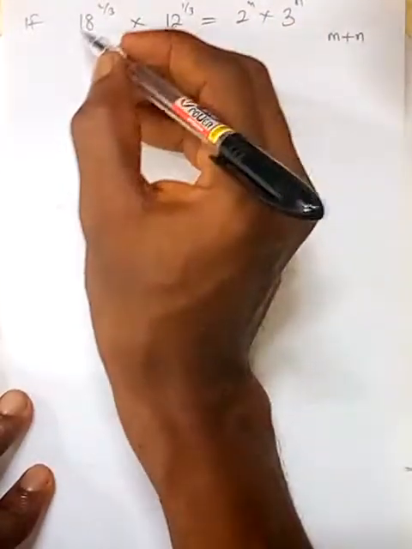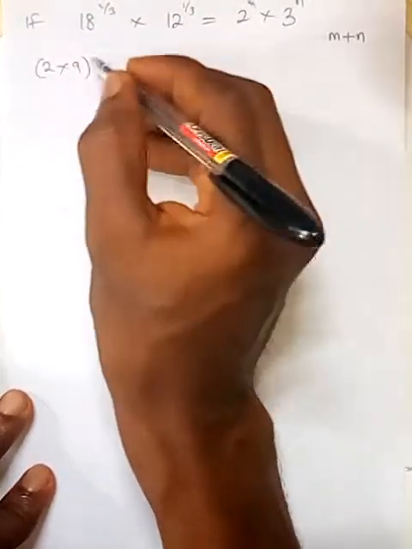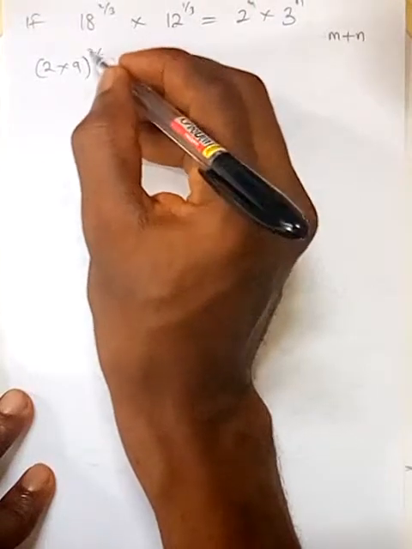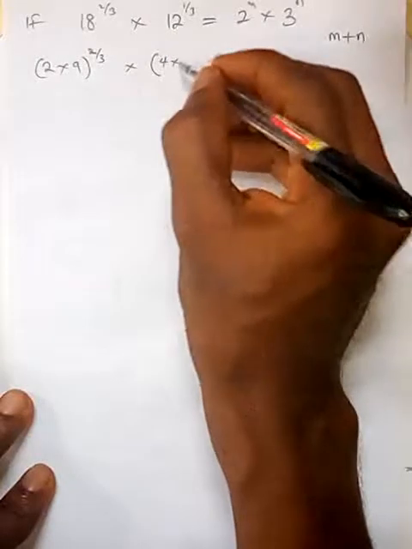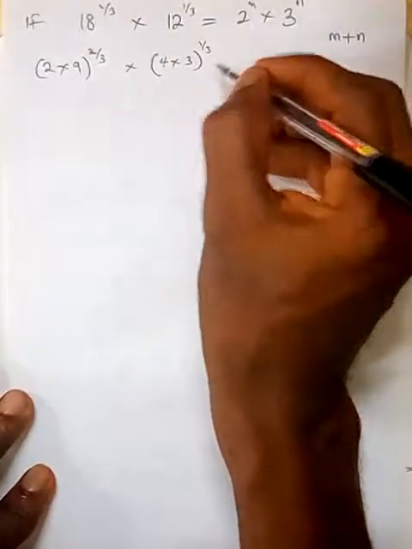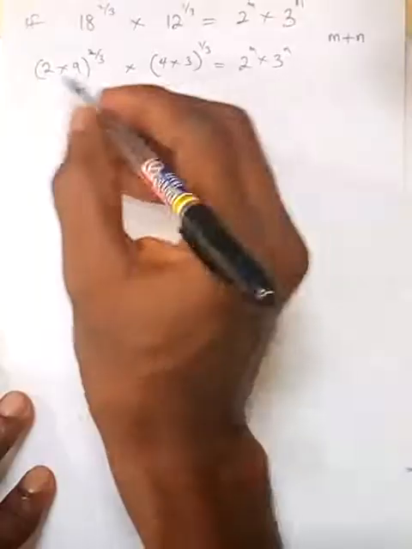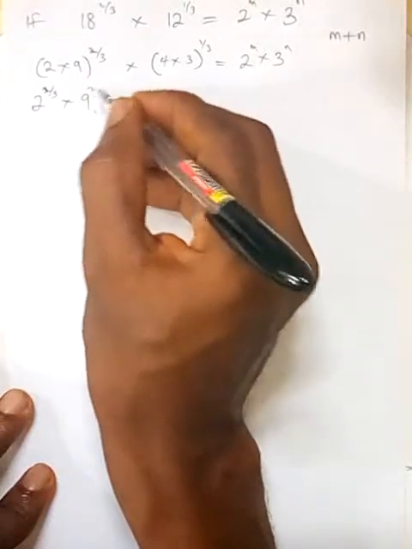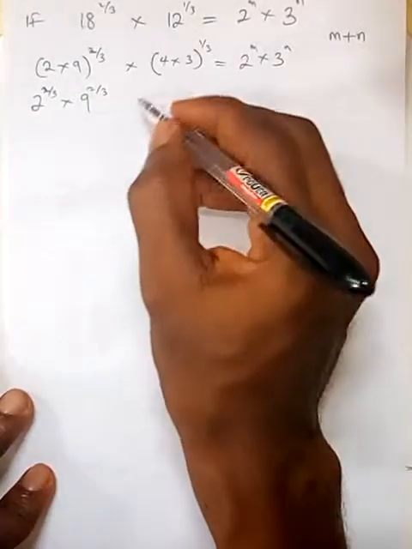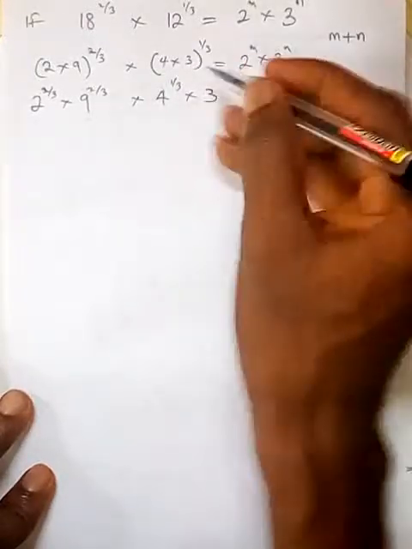So inside 18 you have 2 times 9, which is 18, raised to power 2 over 3. Inside 12 you have 4 times 3 raised to power 1 over 3 is equal to, of course, this. So this is 2 raised to power 2 over 3 times 9 raised to power 2 over 3, okay, times 4 raised to power 1 over 3 times 3 raised to power 1 over 3 is equal to this.